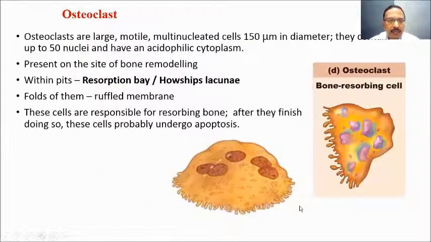They are developing from bone marrow separately. Osteoclast cells are very large, motile and multinucleated cells with around 150 micrometer diameter, and you can see here in this picture almost 4 or 5 nuclei, but usually 5 to 50 nuclei will be present.